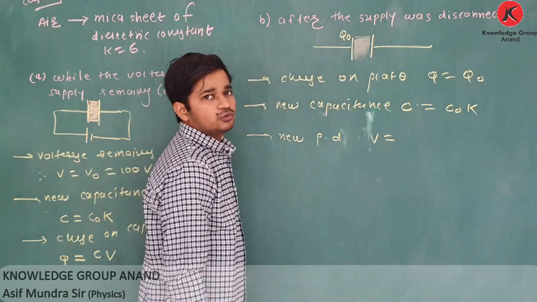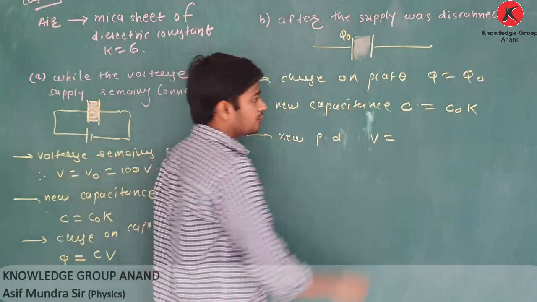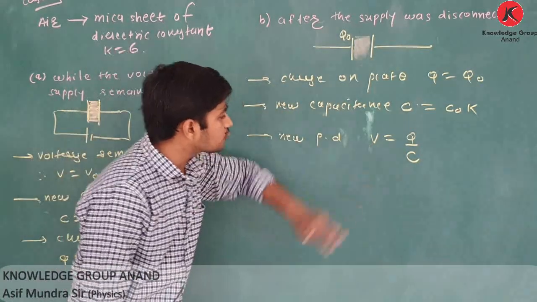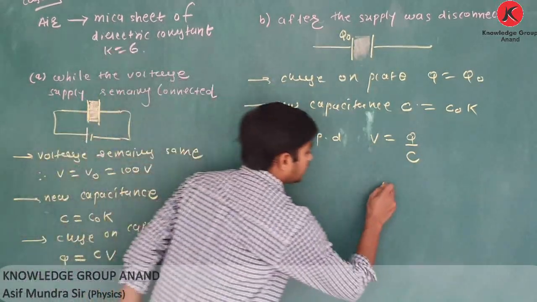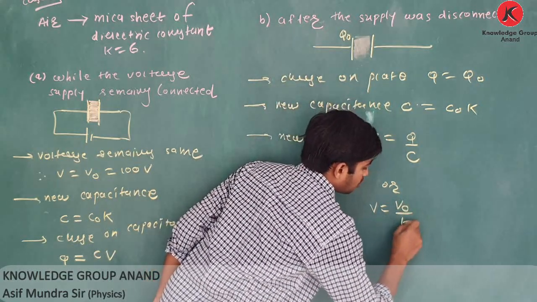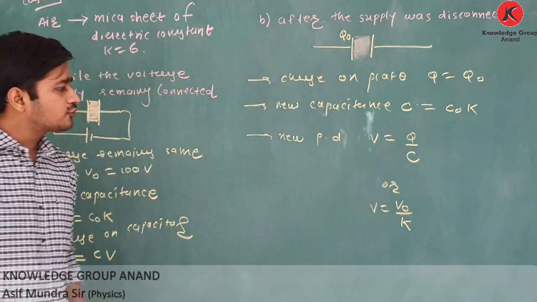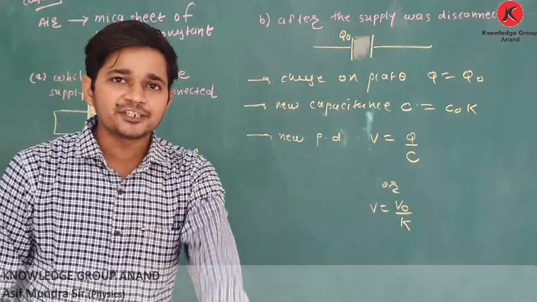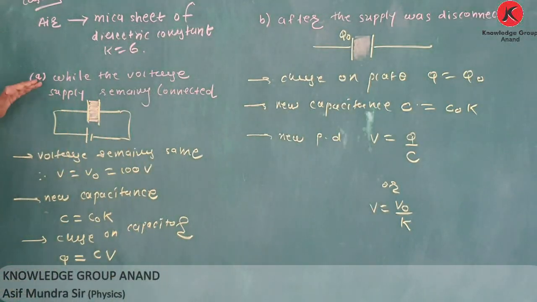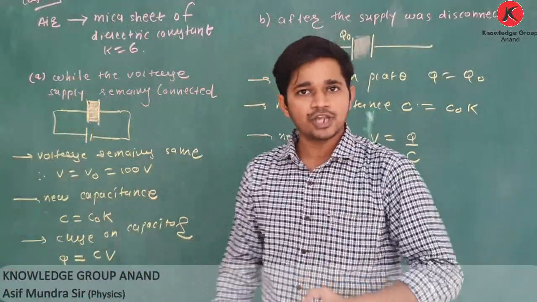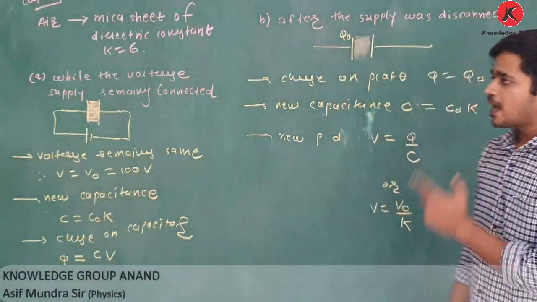C is equal to Q upon V, then V is equal to Q upon C. You can also find this potential with the help of another equation: V is equal to V0 upon K. Clear? So this is the difference between the two cases, while voltage supply remains connected and while it is disconnected. Pause your video and write down from here.